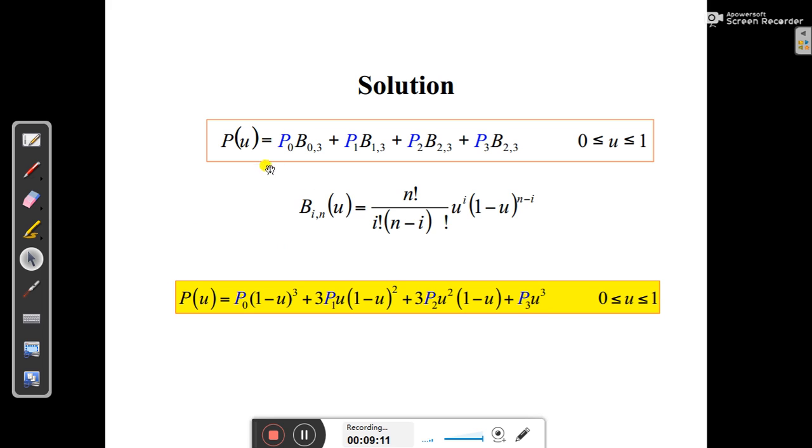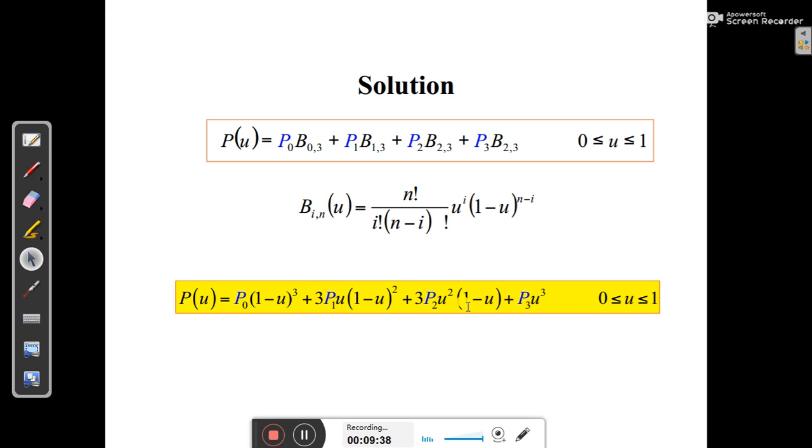So the solution is that our equation will be like this: P0 B0, where P0 is the first control point. So B0 will be B0,3, B1,3, B2,3, and this should be B3,3. In that way, the equation of B is this one, and the equation of P(u) is this one.